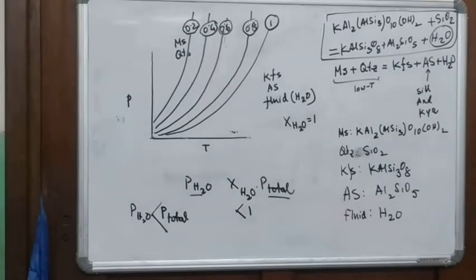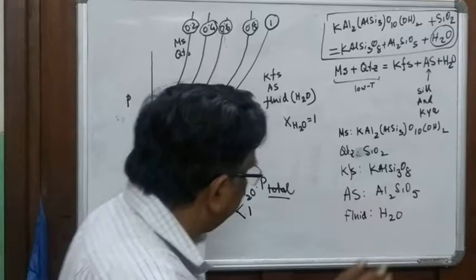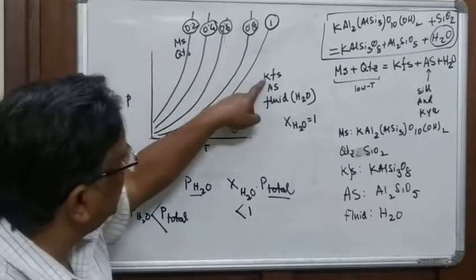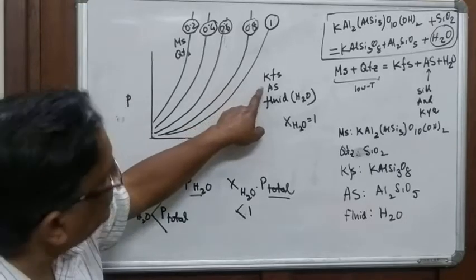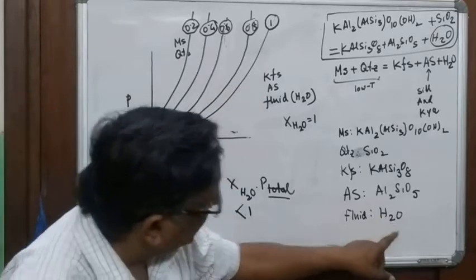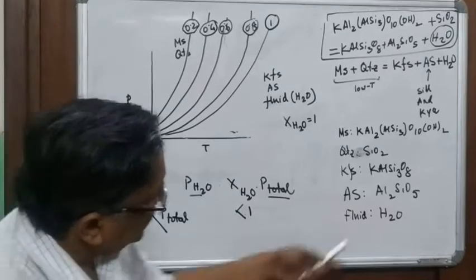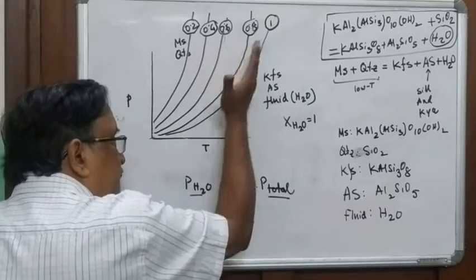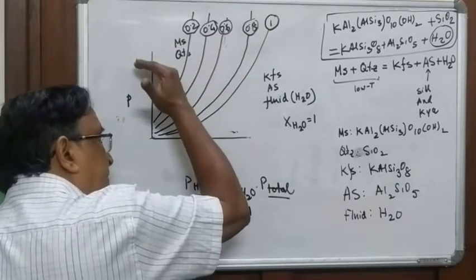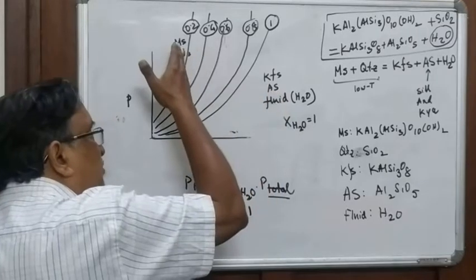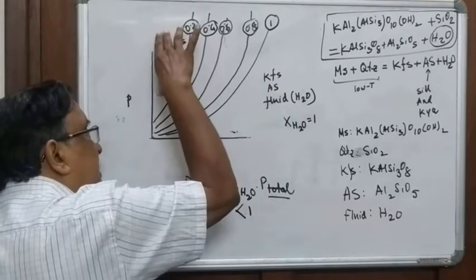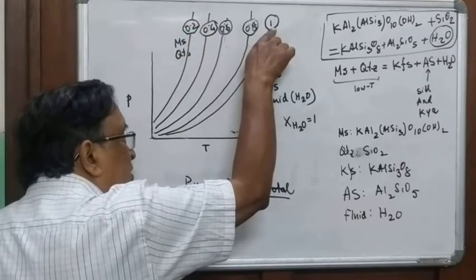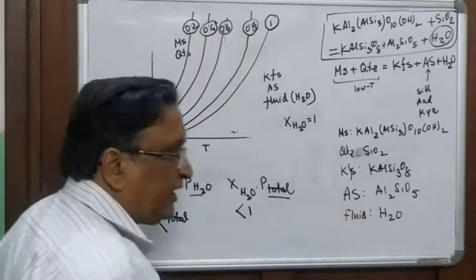Now, once again, let me make myself a little clearer so that we understand everything. We have muscovite plus quartz is equal to K-feldspar plus aluminosilicate. So you have the fluid composition as H2O, and you can reduce XH2O, then the reaction curve moves to the lower temperature, lower pressure side. That means muscovite plus quartz becomes less stable for low H2O, but extends its stability to a high temperature if the rock is hydrous.